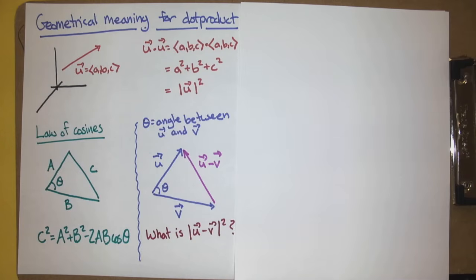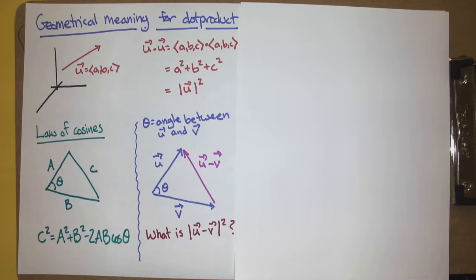Now, if you have a right triangle, you get c squared equals a squared plus b squared. It turns out, the law of cosines says, hey, if you put any angle here, not just a right angle, then you can relate the lengths by c squared is a squared plus b squared, but then there's this extra minus 2ab cosine theta.